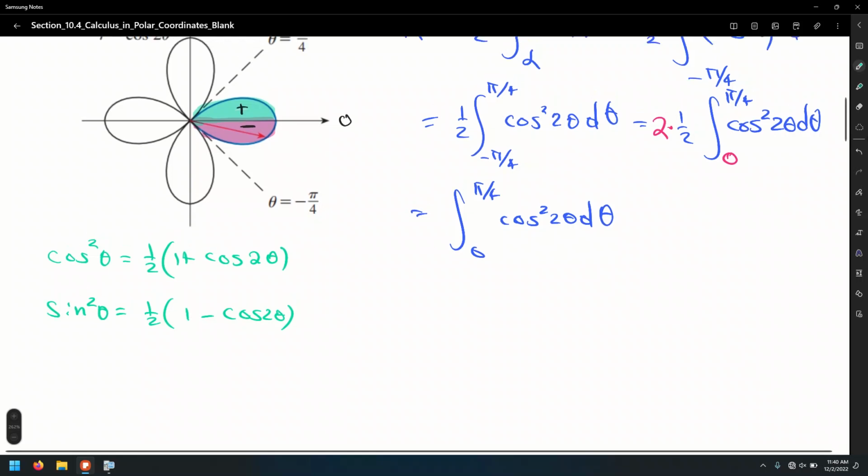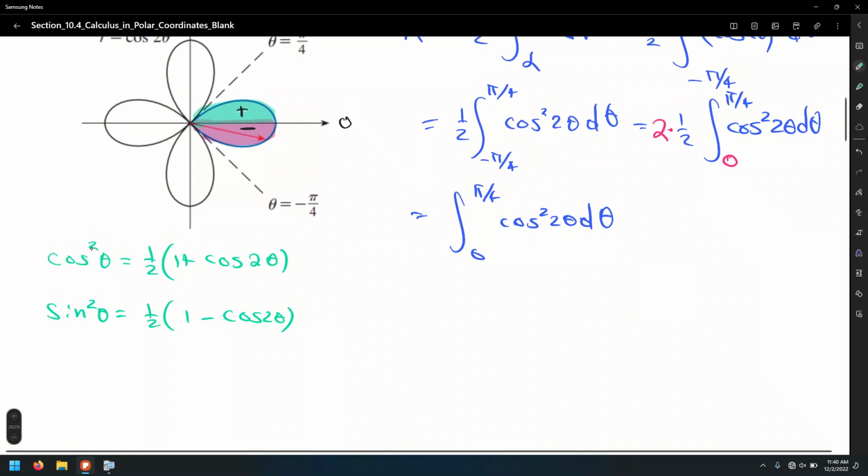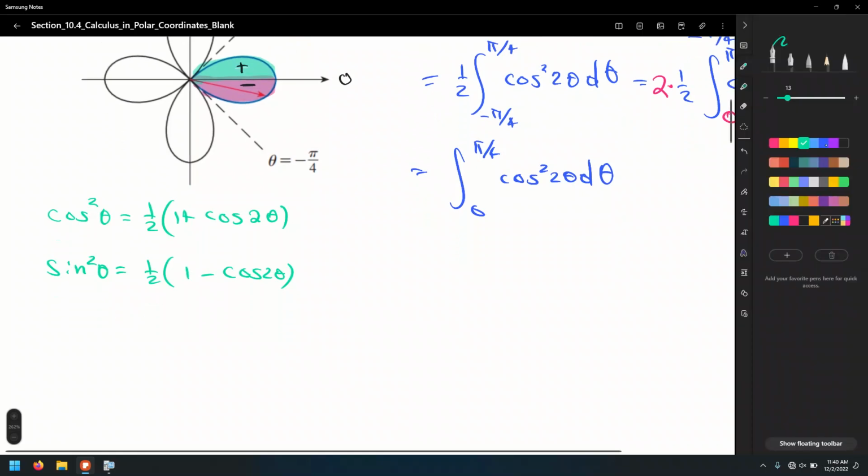Essentially what these identities do is simplify the power or reduce the power at the cost of duplicating the angle. But that shouldn't be a big deal because we can easily integrate a function with a multiple angle. That doesn't matter. That's easy to do.